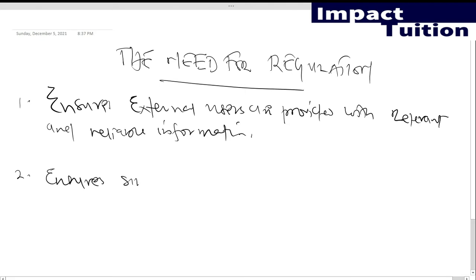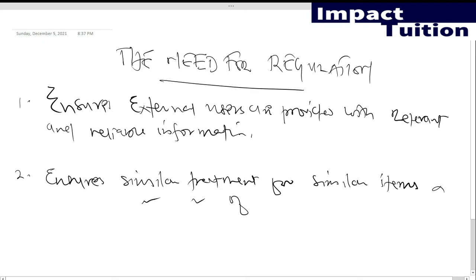Ensures similar treatment for similar items, and similar treatment of similar transactions.